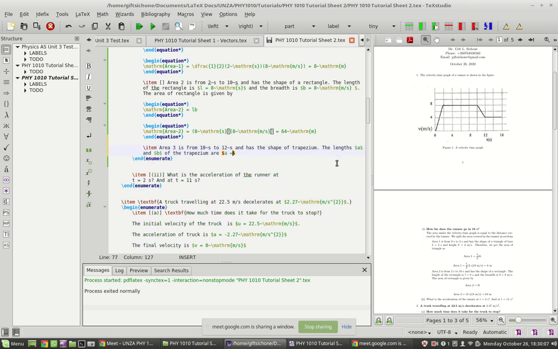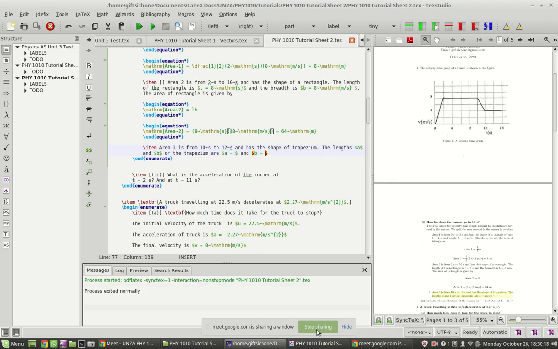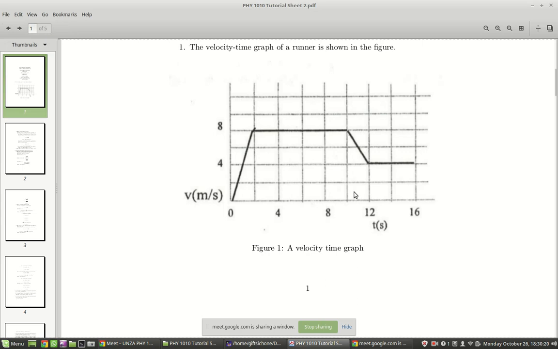How much is A? How much is B? If you know trapezium stuff, how much is A? How much is B?